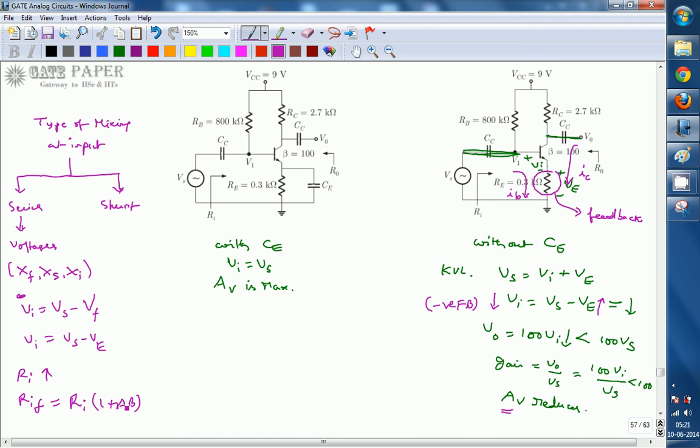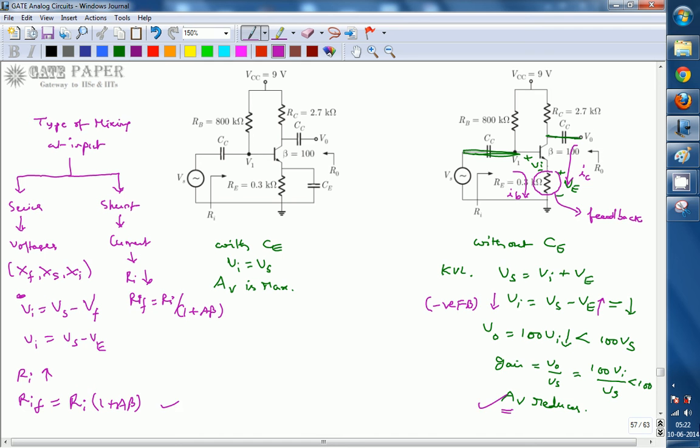In series mixing, input impedance increases. Otherwise, if it is shunt mixing, XF, XS, XI are all of current nature, and then Ri reduces, so Rif can be written as Ri divided by (1 plus A beta). But this is voltage series mixing, so Ri increases and AV reduces.